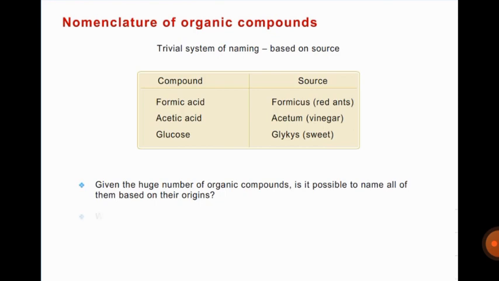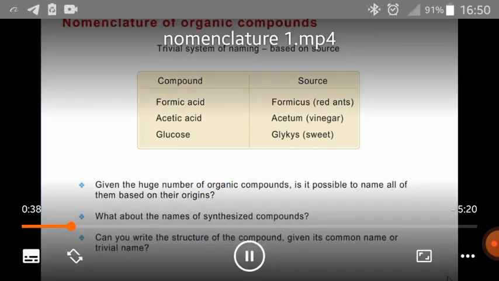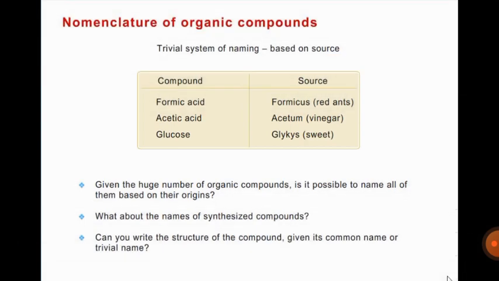Now the question is, given the huge number of organic compounds, is it possible to name all of them based on their origins? What about the names of the synthesized organic compounds? Can you write the structure of the compound given its common name or trivial name? So these are the questions we are going to address now.